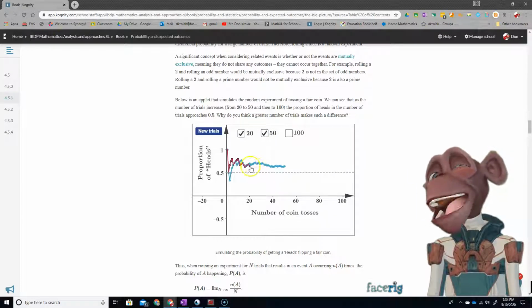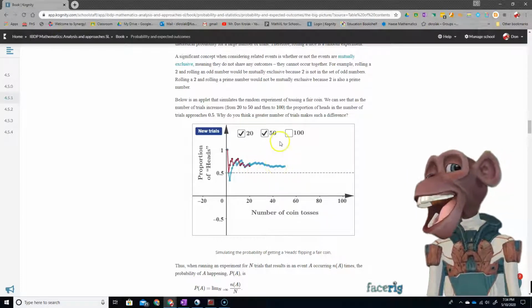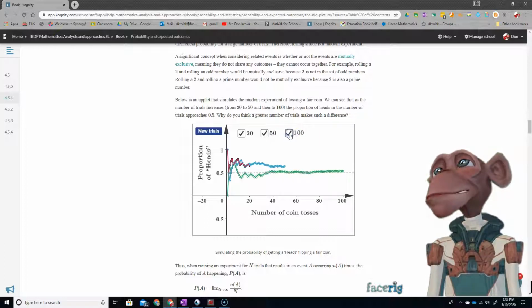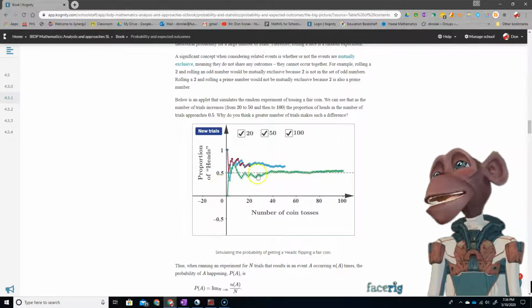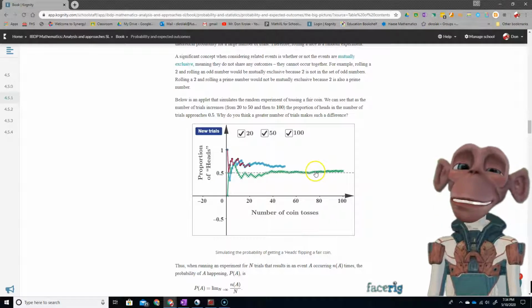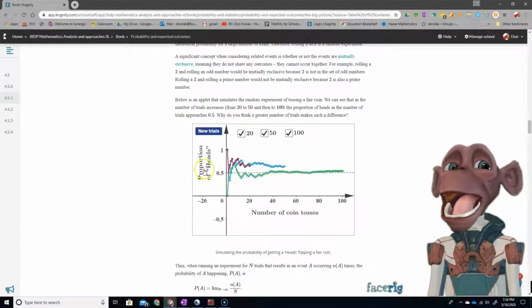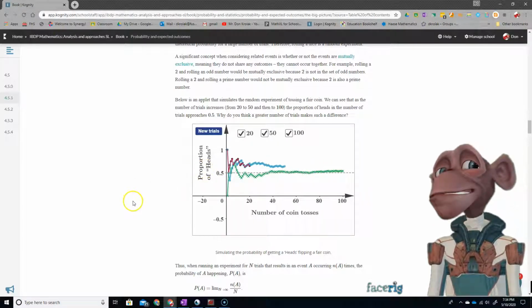As I go to 50, it didn't change a whole lot. As I go to 100, you can now see I did it 100 times. Now that probability starts to level off at whatever the theoretical probability is. That's assuming that this is a fair coin.